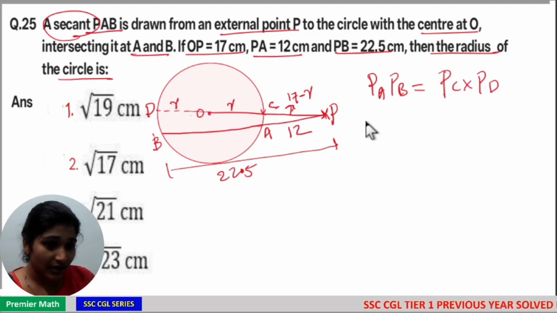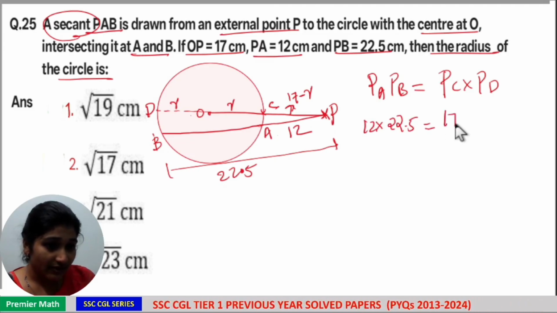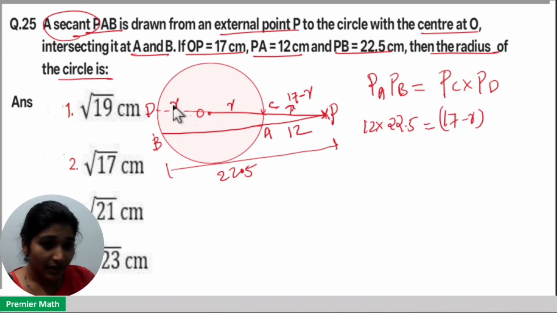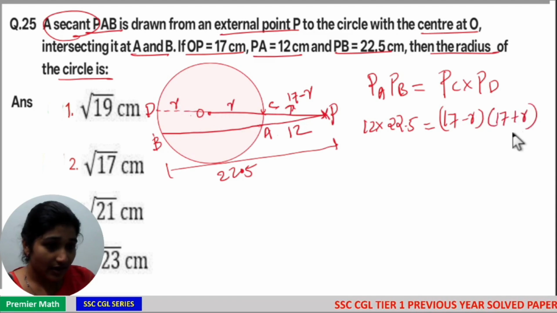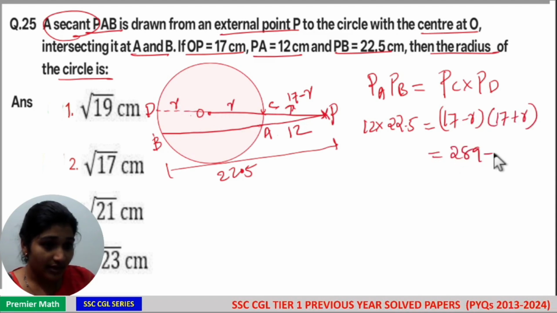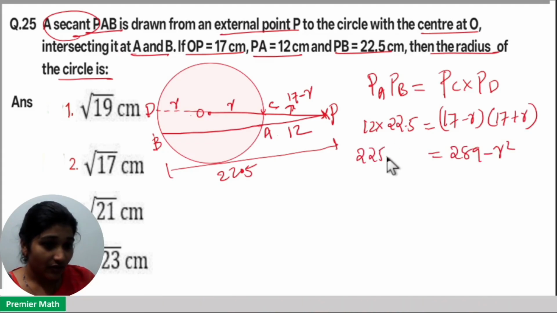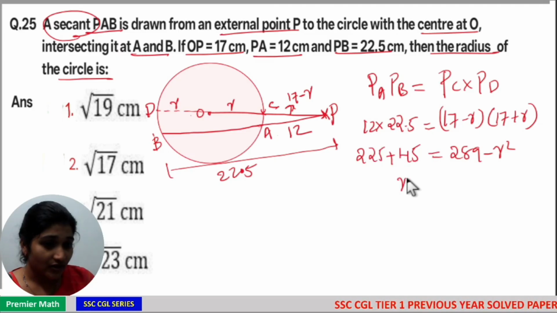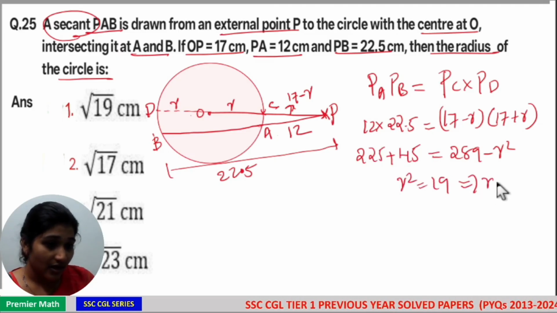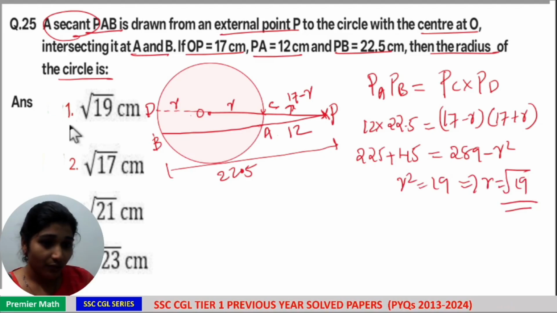Now from this PA is equal to 12 and PB is 22.5, which is equal to PC means 17 minus R and PD is equal to 17 plus R. Now this is equal to 289 minus R square, which is equal to 22.5 into 12, which is 270. 289 minus 270 is equal to 19. So R square is equal to 19, which means R is equal to root 19. So option 1 is your answer.